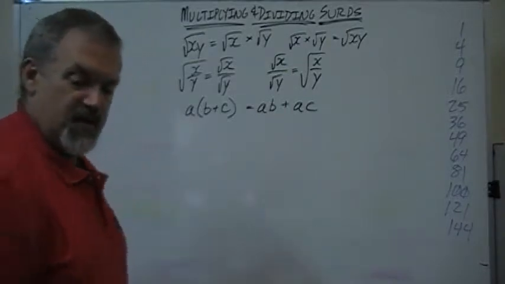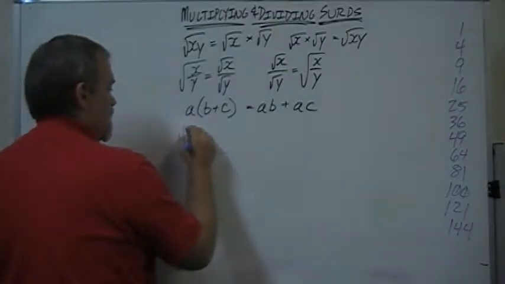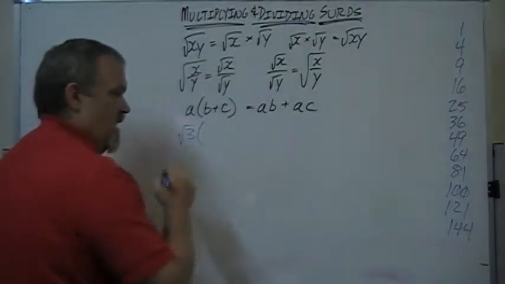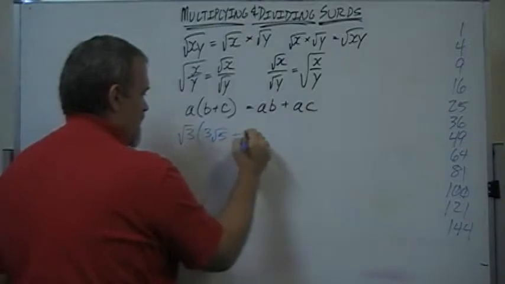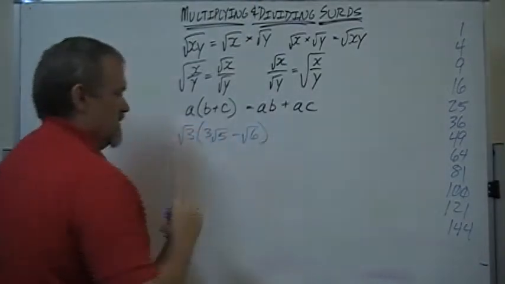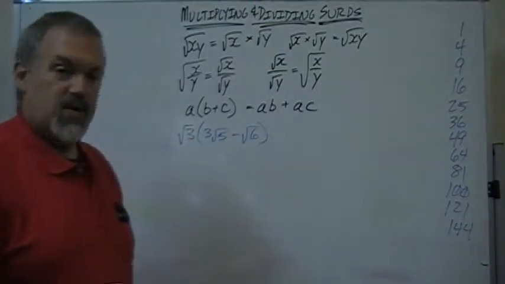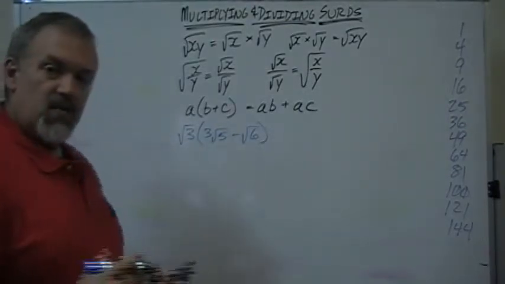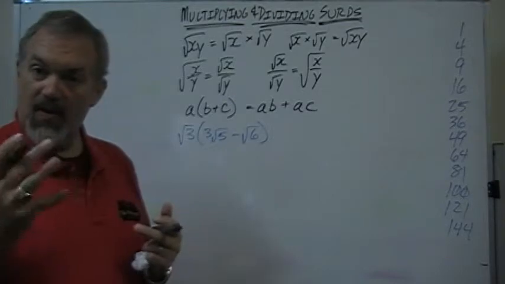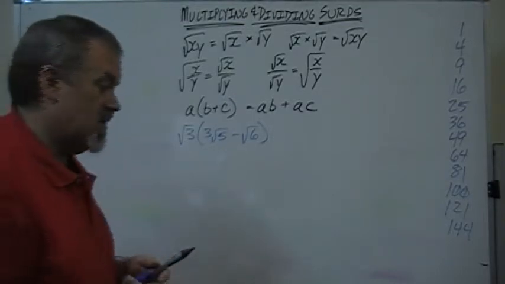So let's say, for example, that we had the square root of 3 times 3 square roots of 5 minus the square root of 6. We multiply what's out here by each of these. I'm going to actually write down this step, although you might not need to whenever you do it.